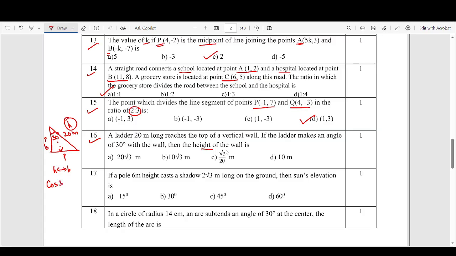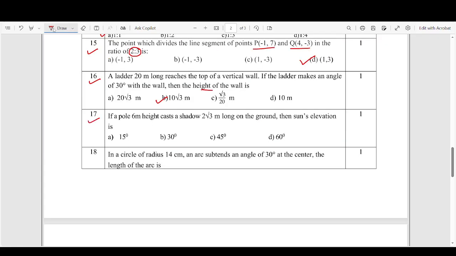Here theta is 30 degree, so cos 30 is b upon h. The value of cos 30 is root 3 upon 2. And here b, that base, that means the height of the wall, we have to find out, and h is 20. If we solve, we get b as 10 root 3 meter. So we can see here the correct option is option B.